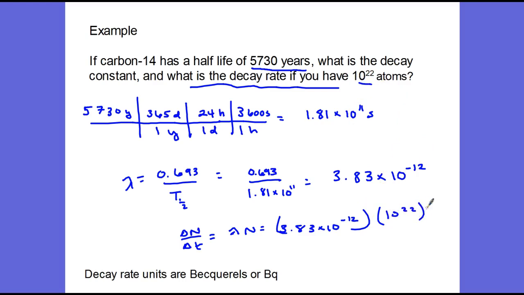Let me do this in the calculator. I get 3.8 times 10 to the 10th. The decay rate units are becquerels, or Bq.